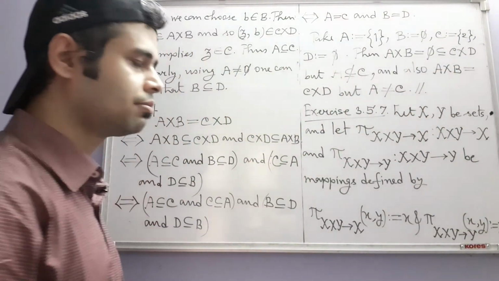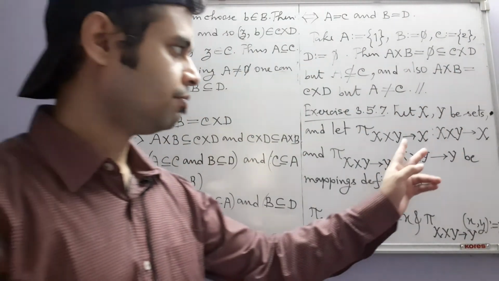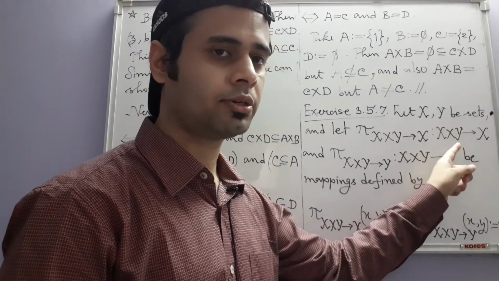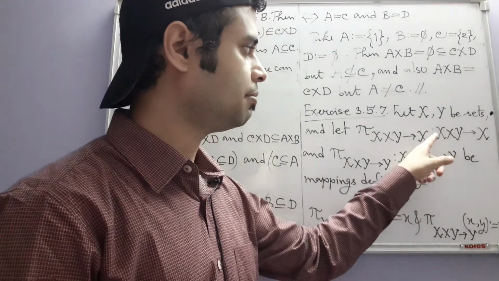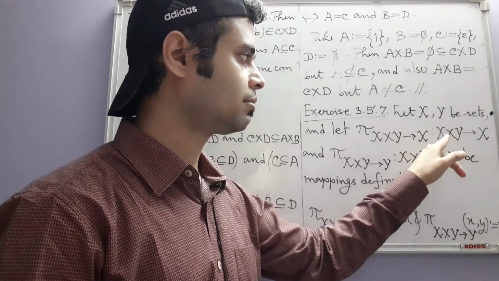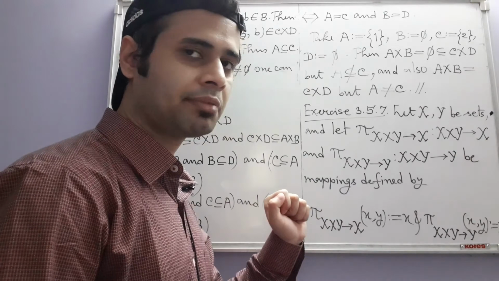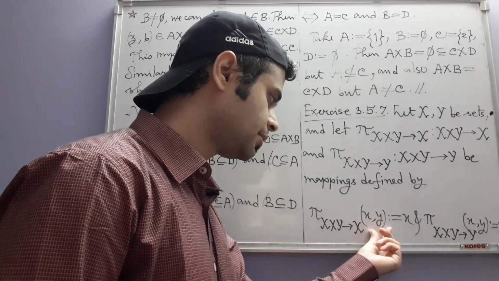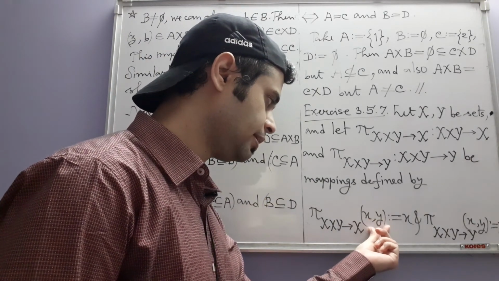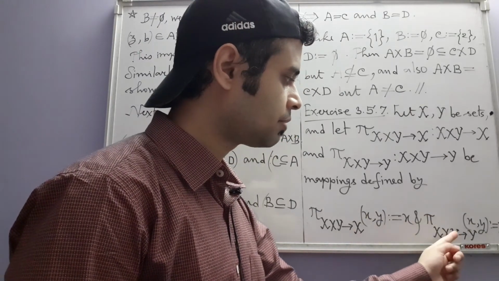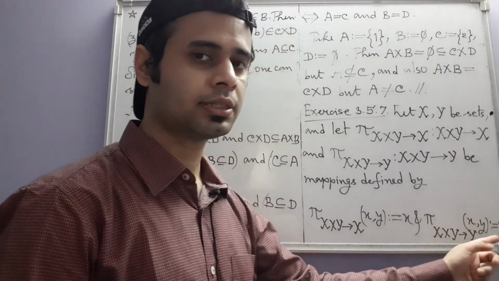So basically what we are doing is this: we have two sets and we have taken their Cartesian product, and we are finding mappings from the Cartesian product to both the sets. And what do these maps do? One of them maps any ordered pair to its first component, and another one maps that ordered pair to its second component.